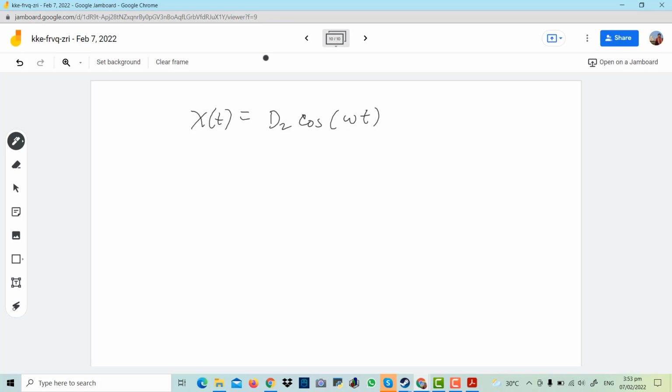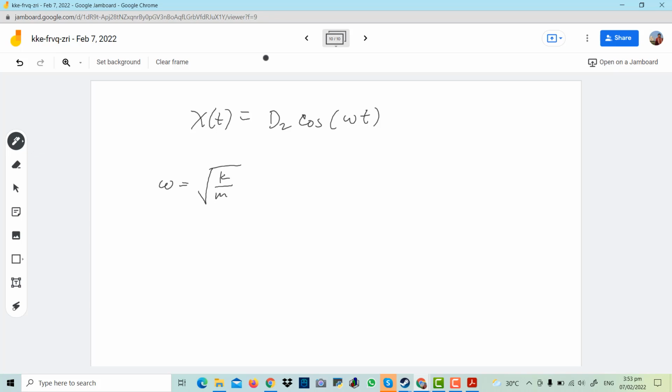Omega can be expressed as the square root of k over m. But we don't know k yet, but we can solve for k.